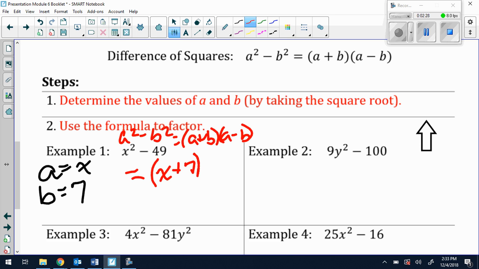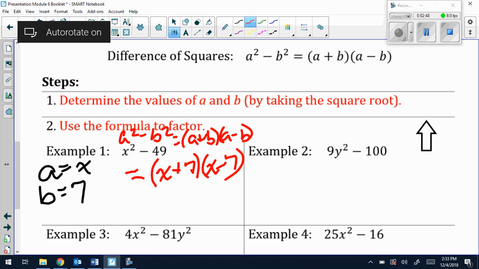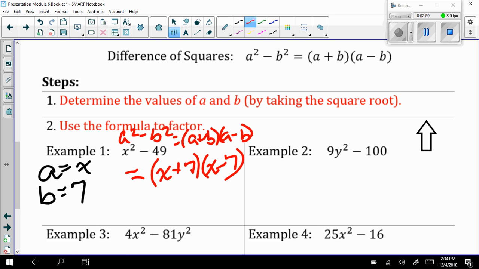In place of b, I'm going to put 7. And that's it. Now I could go through the process of doing a times c, adding to b, which is 0, filling in the box, pulling out the GCF, but my formula allows me to do it just a little bit easier here.